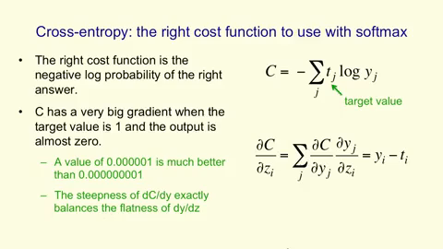The result is just the actual output minus the target output. And you can see that when the actual and target outputs are very different, that has a slope of 1 or minus 1, and the slope is never bigger than 1 or minus 1. But the slope never gets small until the two things are pretty much the same. In other words, you're getting pretty much the right answer.